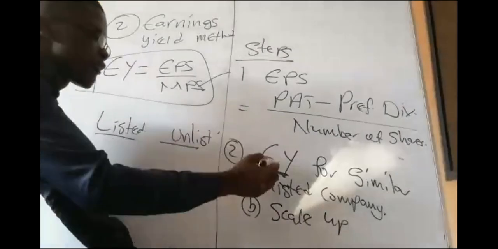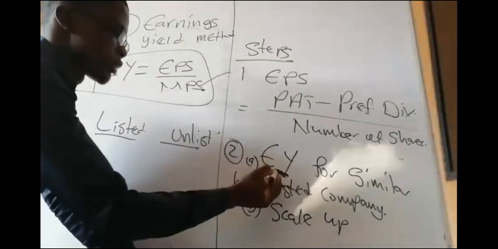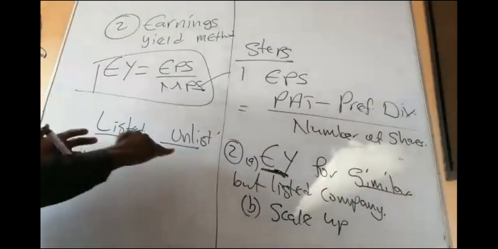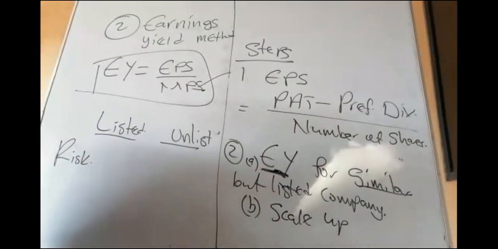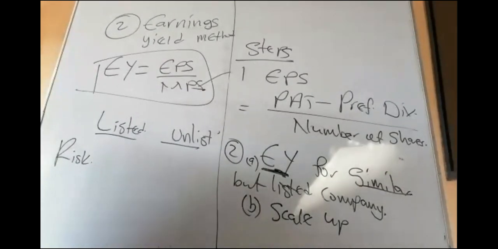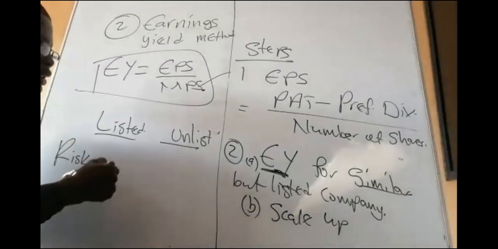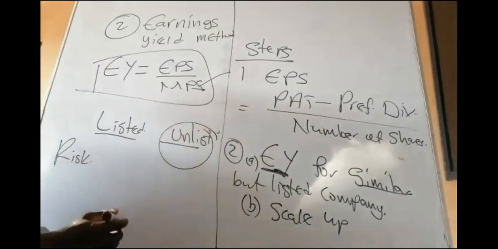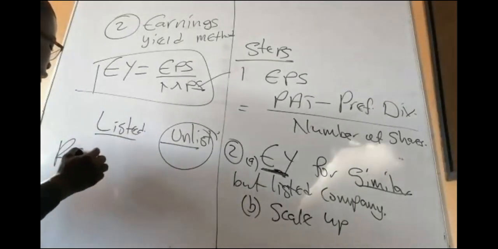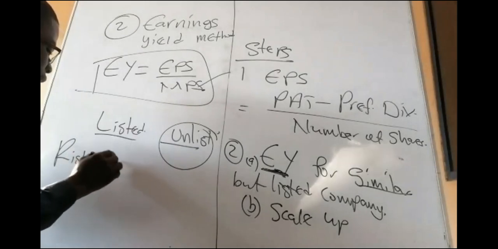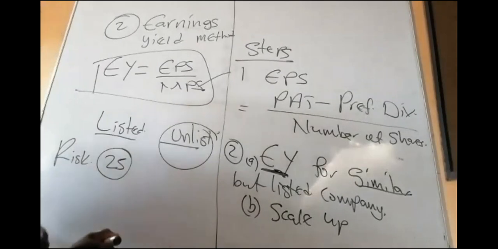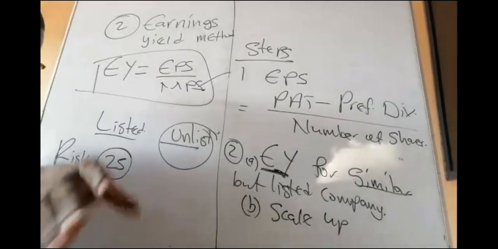So if you have calculated the earnings yield for a similar but listed company, the two will not be on the same path. You have to assume a risk factor. Let's assume the earnings yield you have calculated is 25.